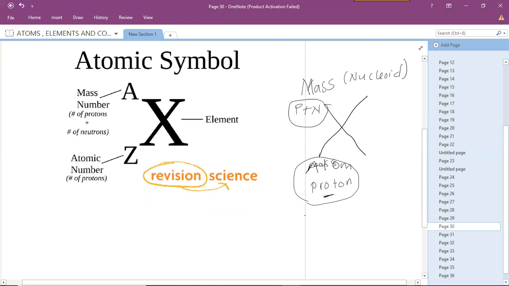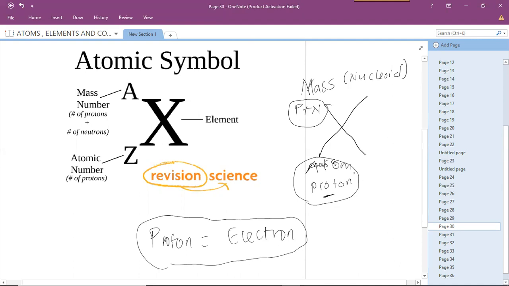So the atomic number is the number of protons found within the atom. And the number of protons has to be equal to the number of electrons. So we can determine the number of electrons also by looking at the atomic number.